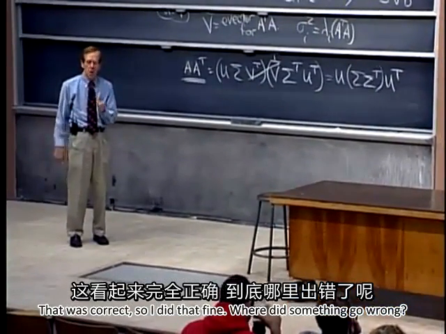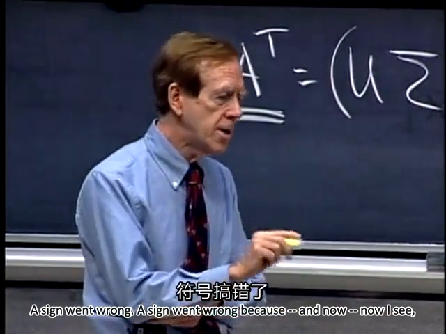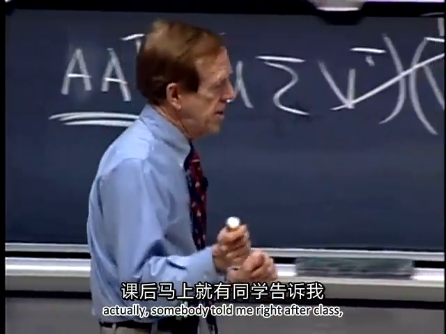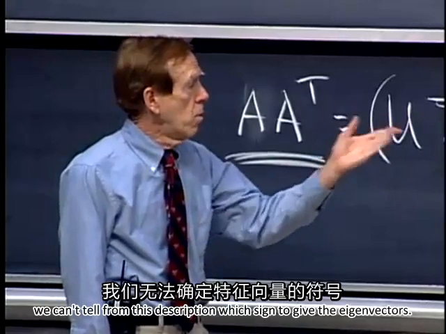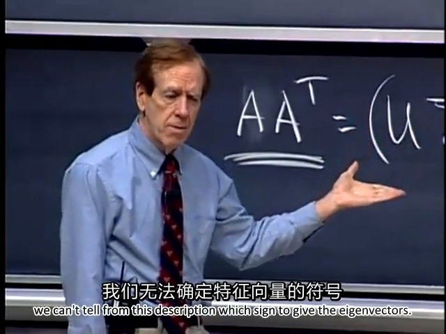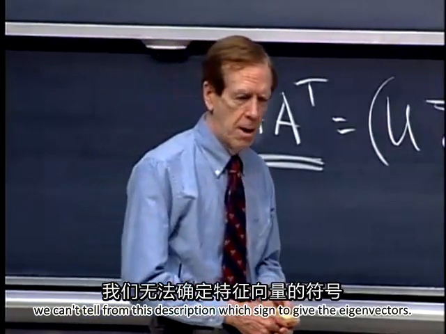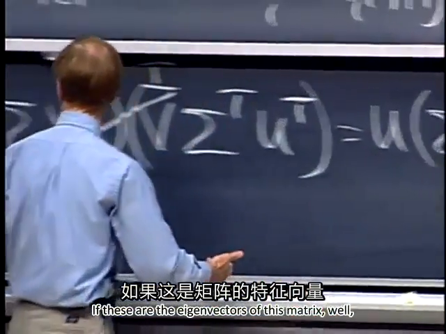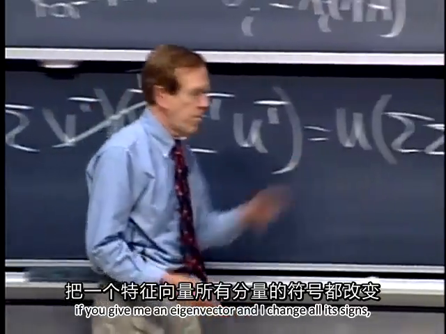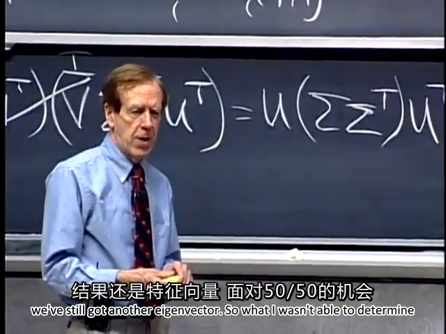Where did something go wrong? A sign went wrong. Somebody told me right after class, we can't tell from this description which sign to give the eigenvectors. If you give me an eigenvector and I change all its signs, we've still got another eigenvector.